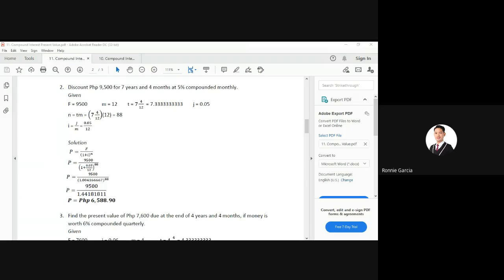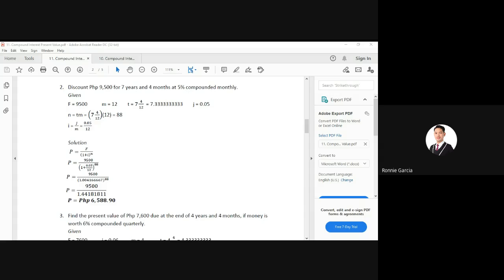Nearest centavo means 2 decimal places. Go ahead, Miss Tesoro. I think you already have the answer. You give it, so that we can give the solution.